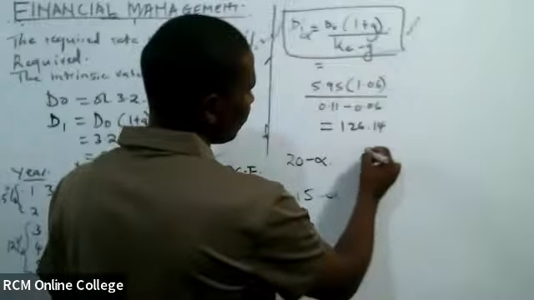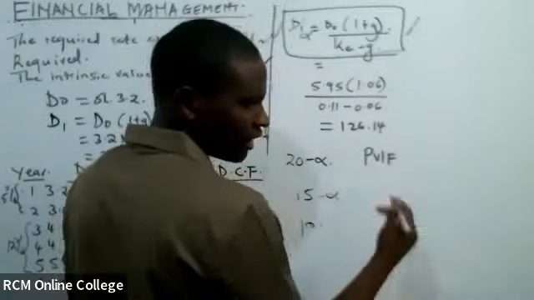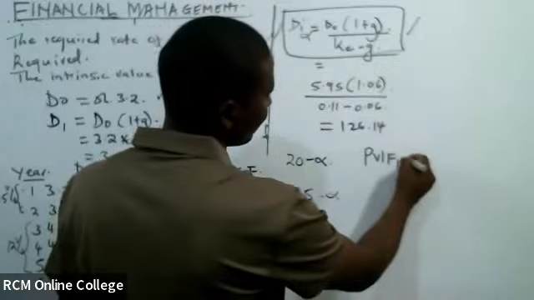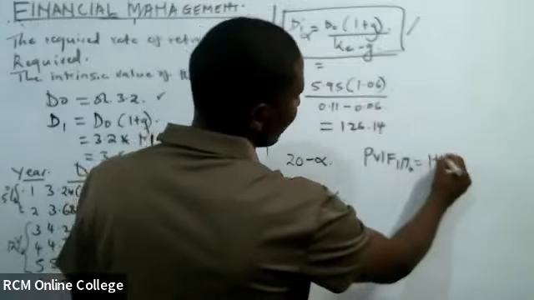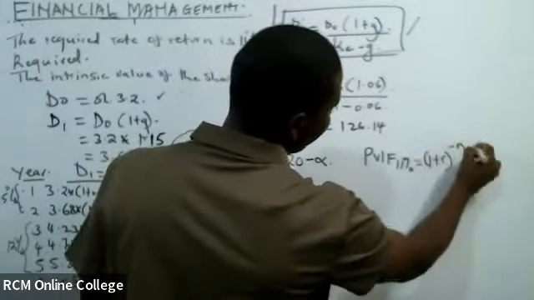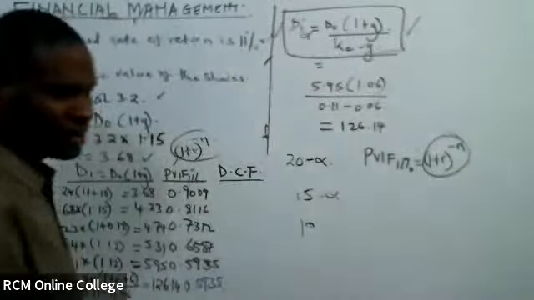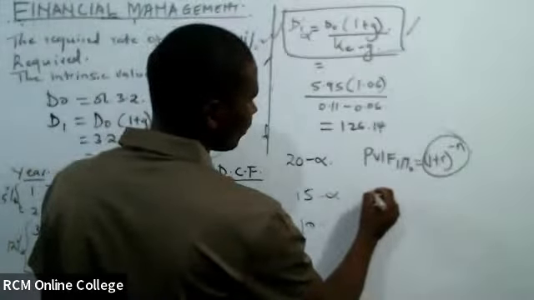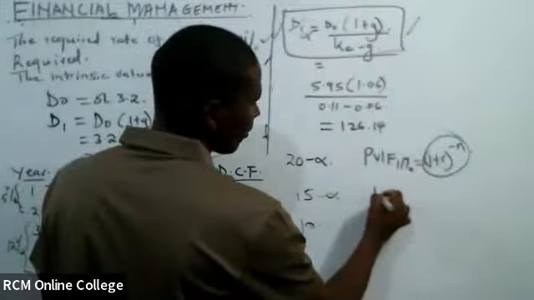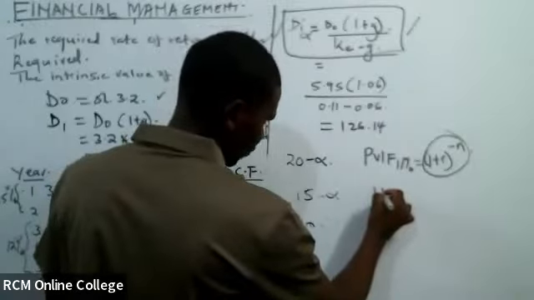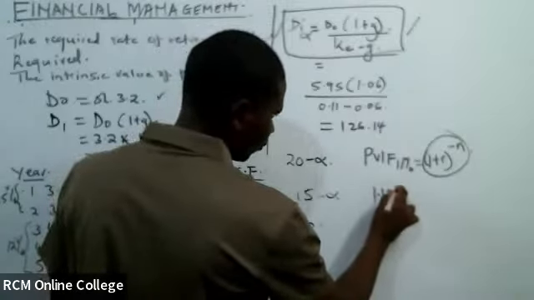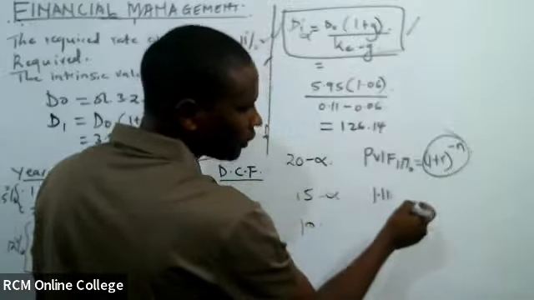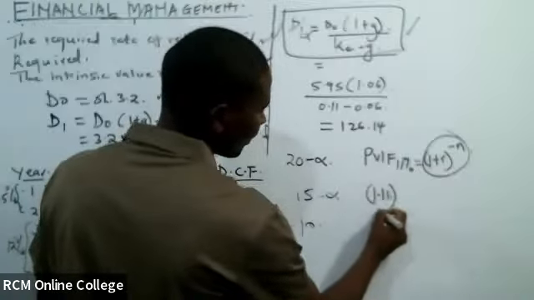We are using the formula PVF used to discount irregular, something that is not similar. 11% is the rate that we are using. So the formula is 1 plus R raised to negative N. That is the formula that we are using, right? I hope Monica is holding her calculator. Put 1.11. Of course, our 11% is 0.11, right? So put that. And then put a bracket if you wish.